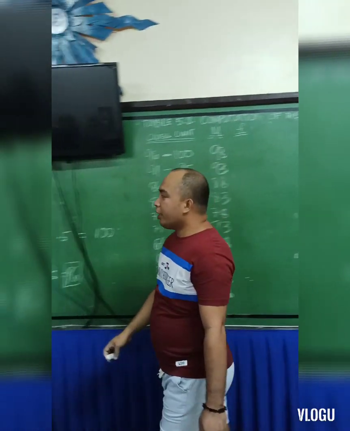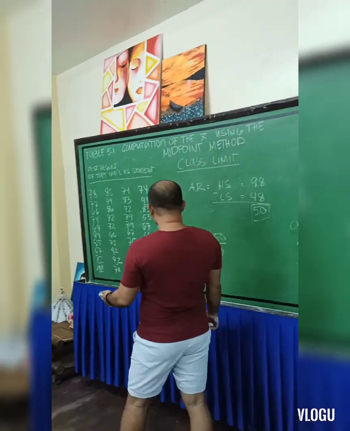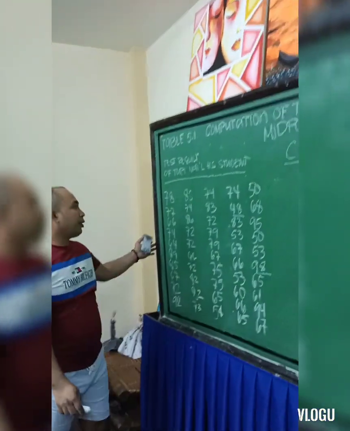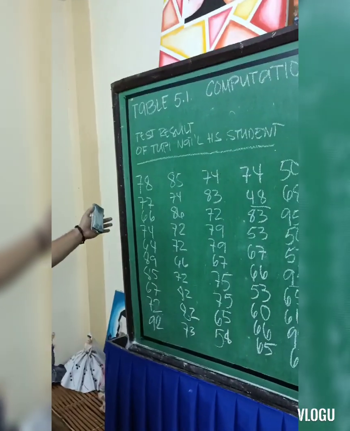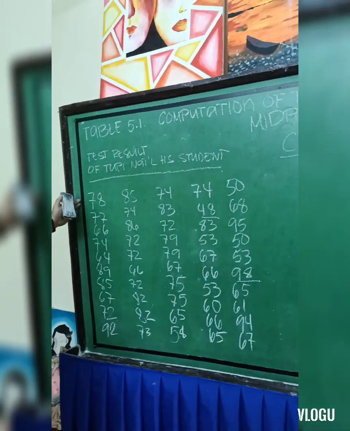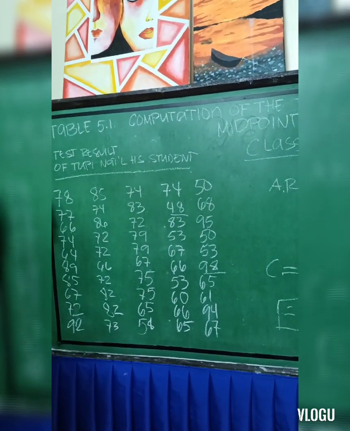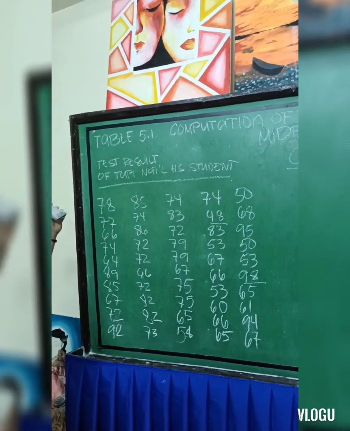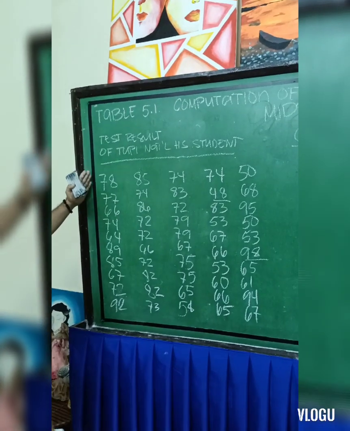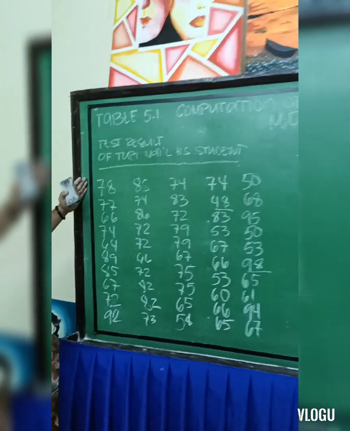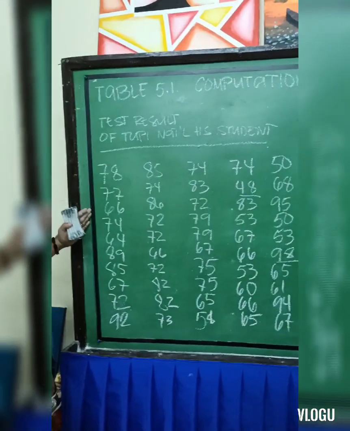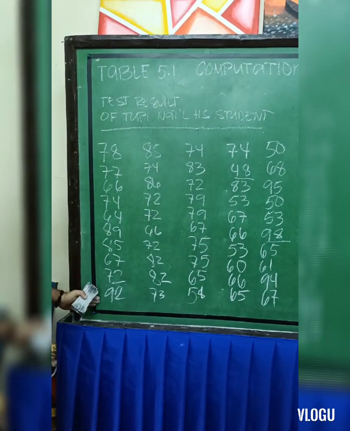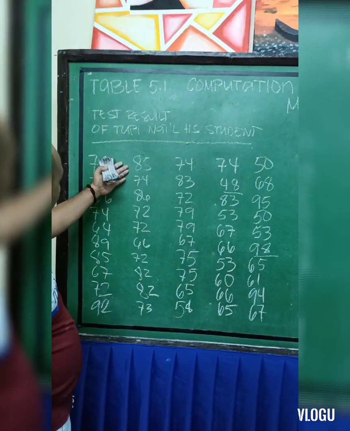For example, here in the test result of Tupig National High School, we need to look for the frequency within the class limit of 96 to 100. Okay, so the first column, 96 to 100, we don't have.